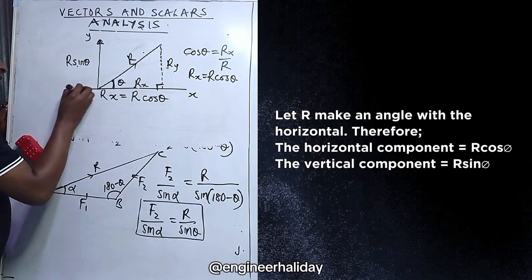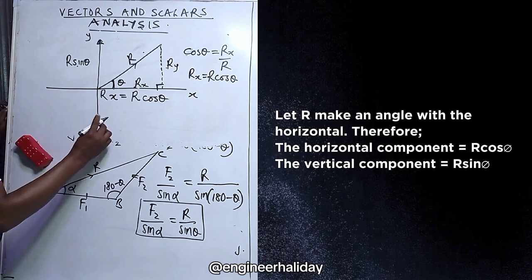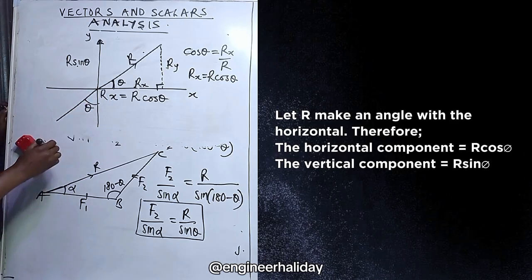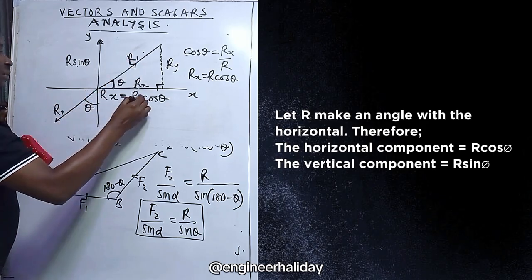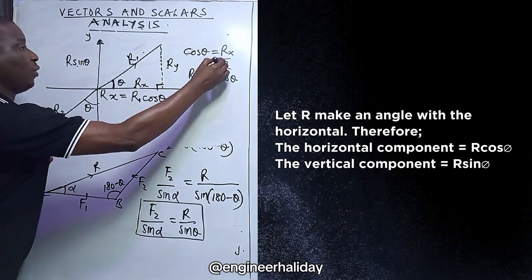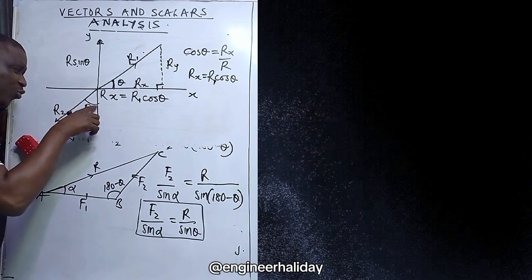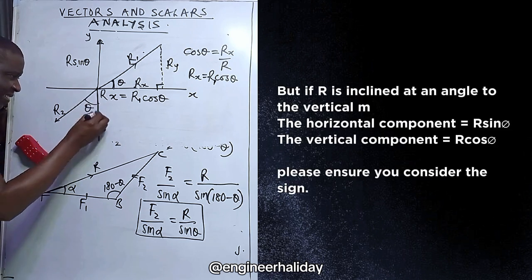Now let me extend this. Now if you let me have the angle here, please take note of this. Let me have another theta here. Let me call this one R2. Let's call this one R1. If I want to resolve this one now, how do I resolve it? Because the angle is inclined to this vertical.